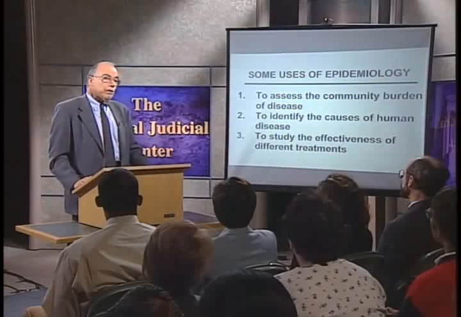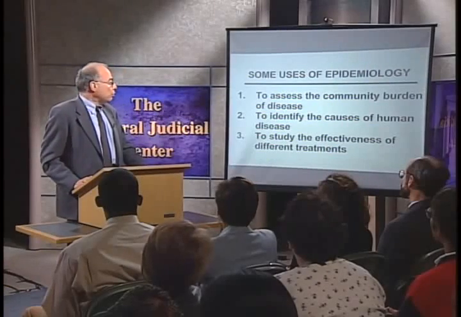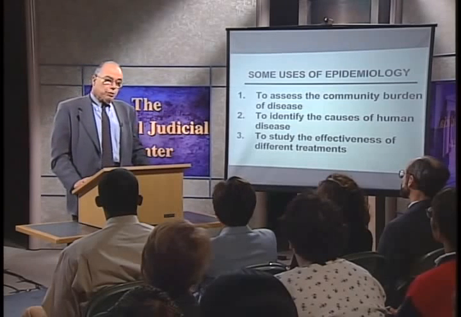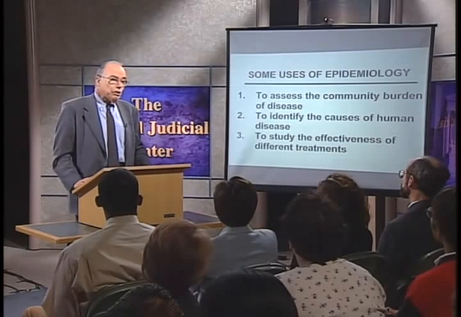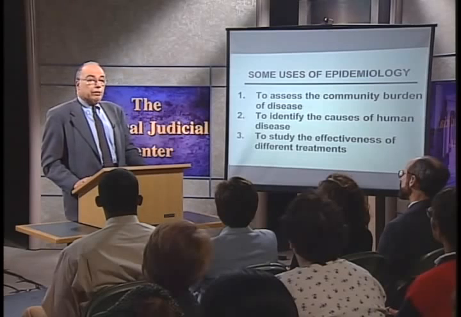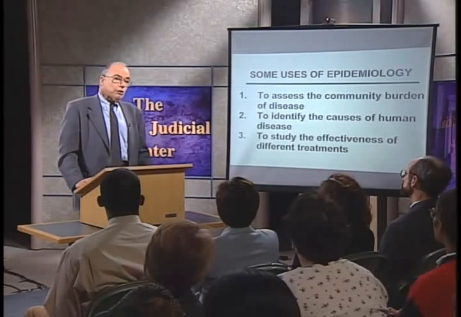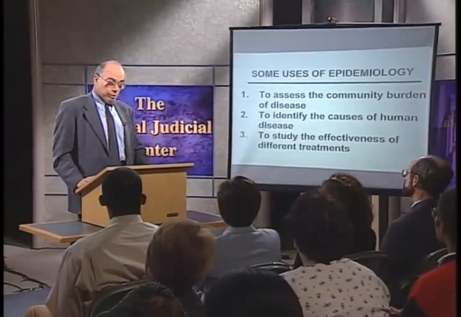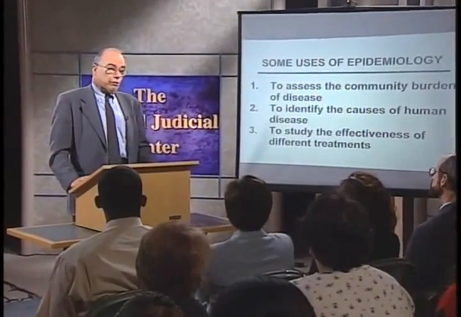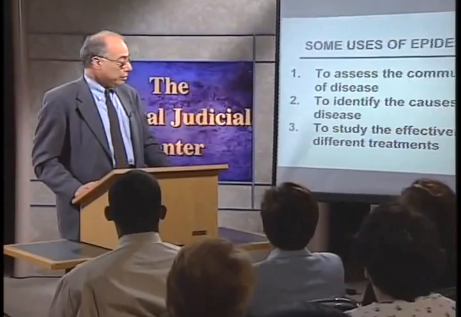And if we turn to how epidemiology is used, there are many uses, of which 3 are shown here. First, epidemiology helps us to assess the magnitude of the community burden of disease. How much disease and what type of disease is there in our community? Second, epidemiology helps us to identify the cause of human disease, a critical factor if we're going to be able to prevent disease.